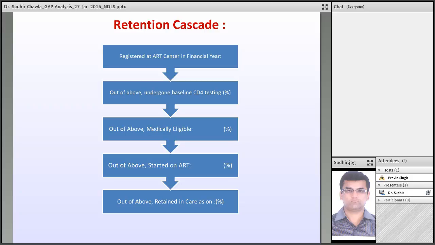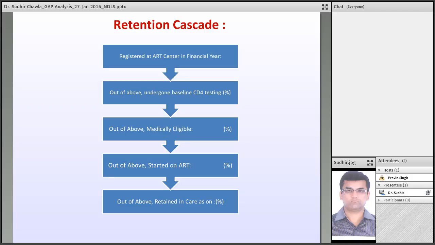Then, out of those who underwent baseline CD4 testing during the financial year we are talking about, those who were found medically eligible should be considered in the third part. Then, out of those, those who are started on ART can be in the fourth part of this retention cascade, and out of that, those who are retained in care as at the end of the reporting month should be in the last part.